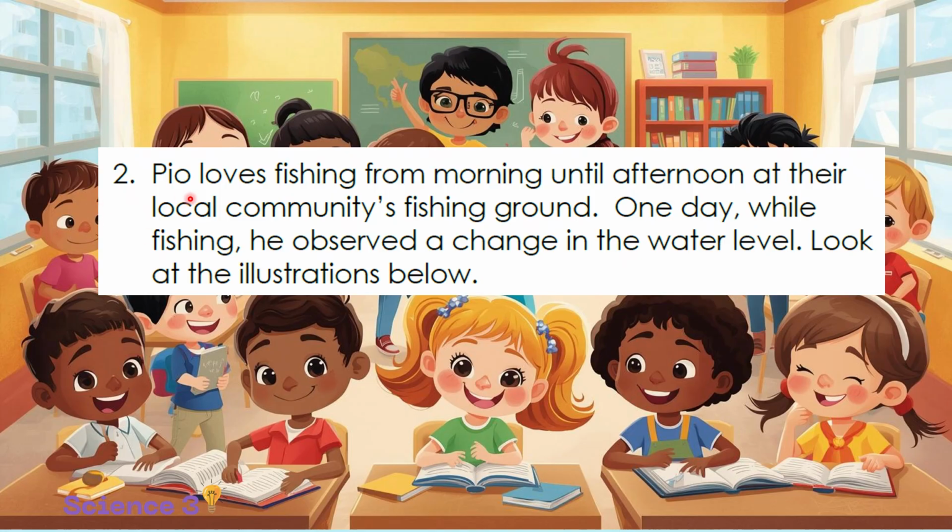Two. Pio loves fishing from morning until afternoon at their local community's fishing ground. One day, while fishing, he observed a change in the water level. Look at the illustrations below.